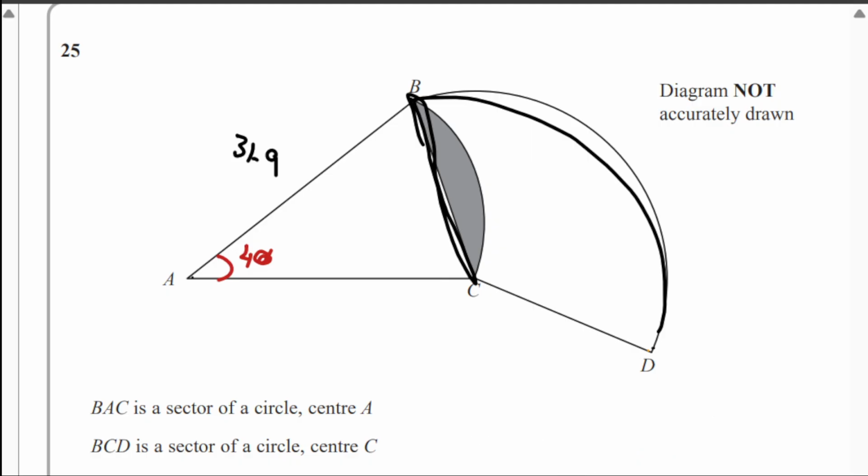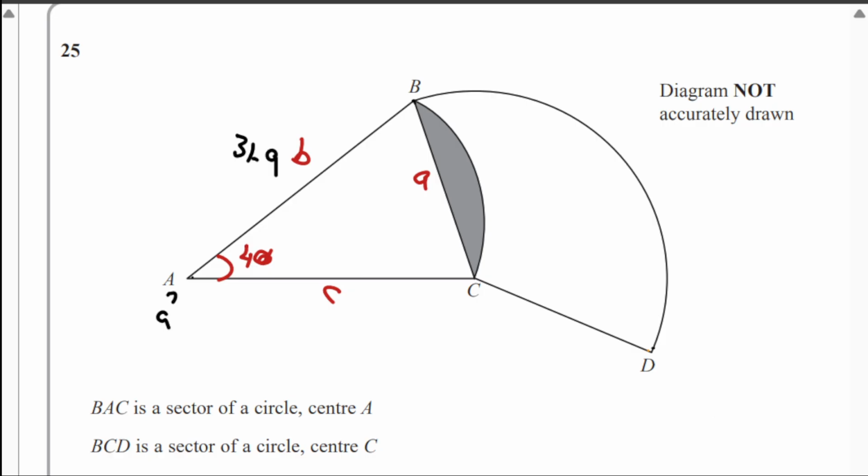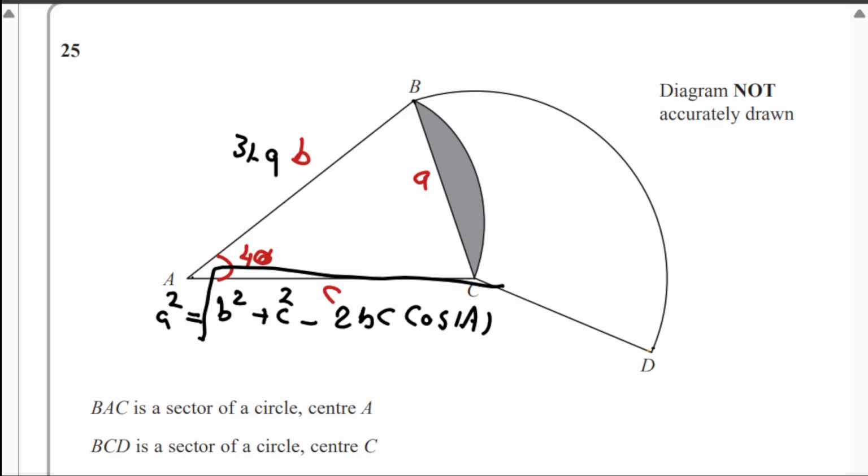I'll call this side a, I'll call these sides b and c, and the angle is A. Now the cosine rule says a squared is equal to b squared plus c squared minus 2bc cosine A. Now, to find a, we just do the square root of all this.